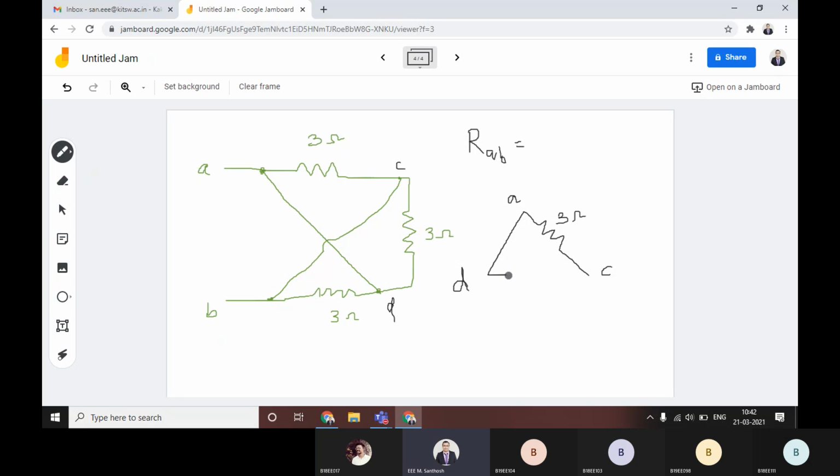Then between D and B, that means here, there is a 3 ohm resistor.